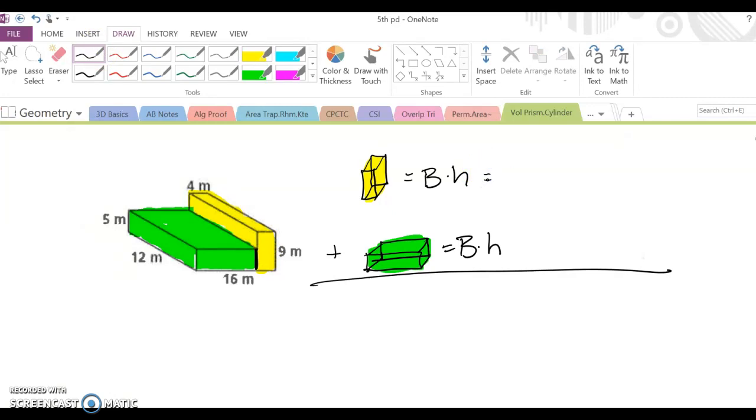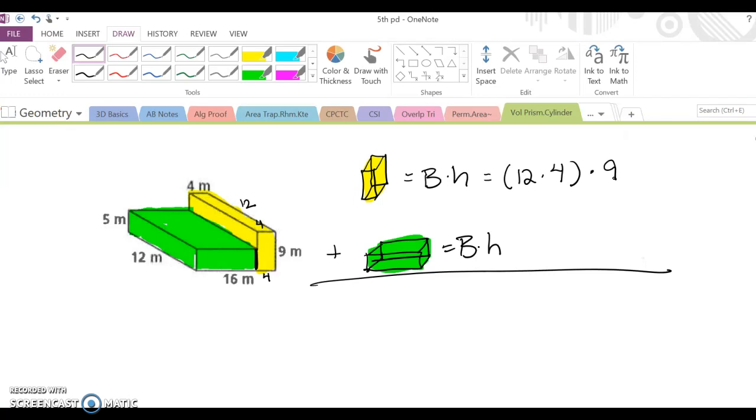The area of the base, well, it looks like this is 4 and this is 4. The distance from front to back, it looks like, is 12. So the area of that rectangle on the bottom is going to be the 12 times the 4. And then it looks like my height of that prism is 9.